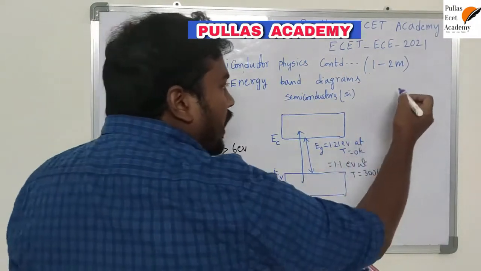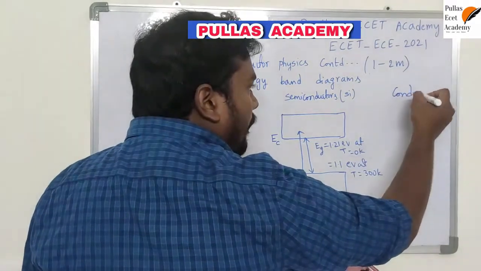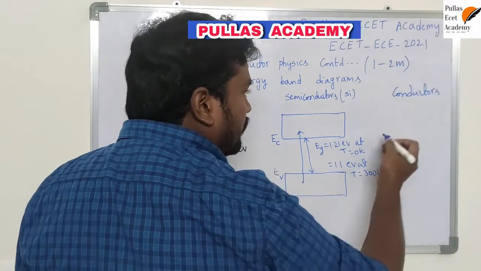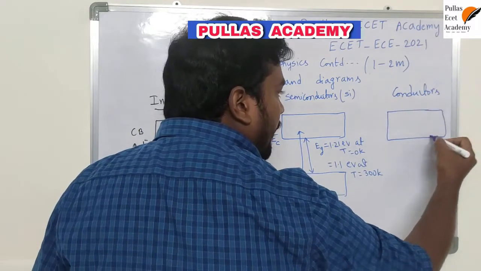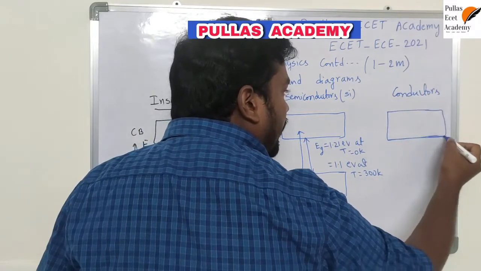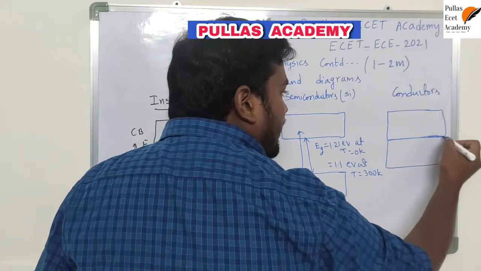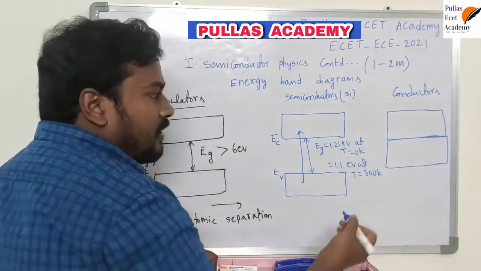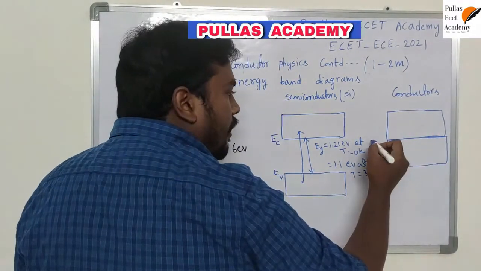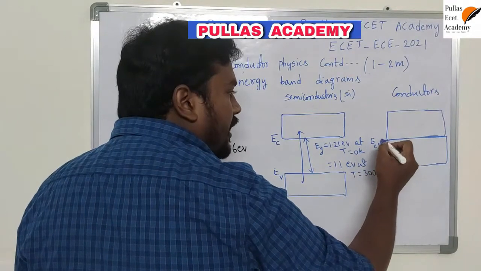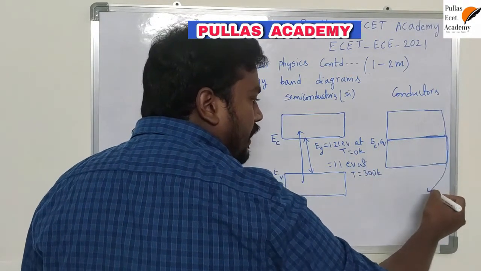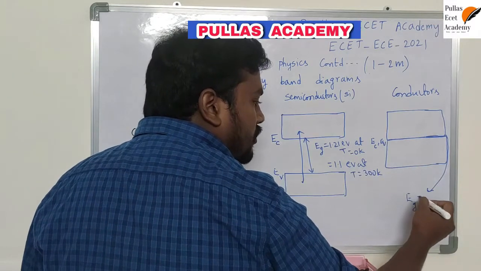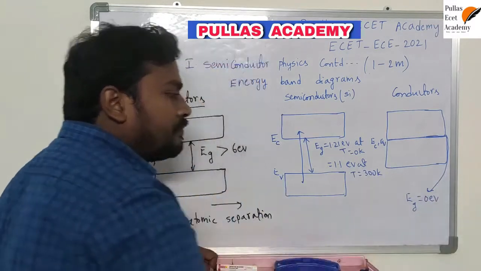Next, moving on to conductors. So you have a conduction band and then you have valency band. You can see here, both the conduction band and valency band are merged together. Thereby this energy gap is simply equal to 0 electron volts.